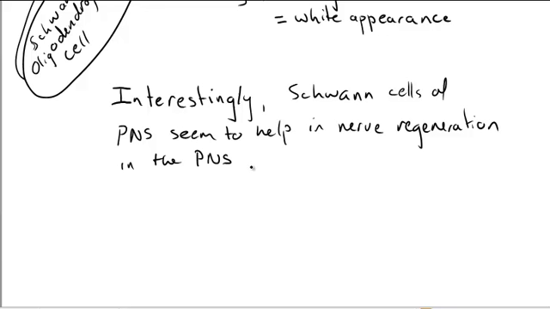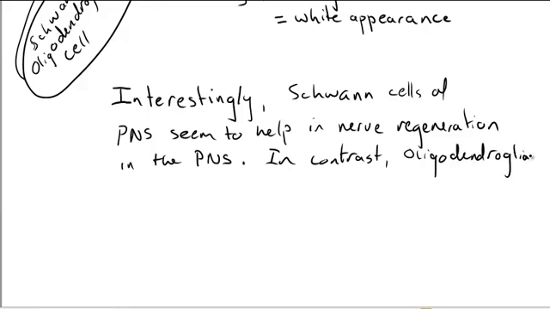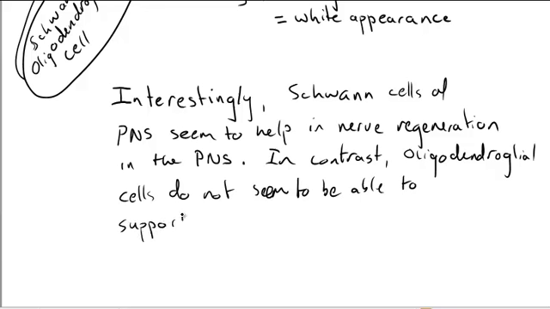In contrast, oligodendroglial cells do not seem to be able to support nerve regeneration in the central nervous system.